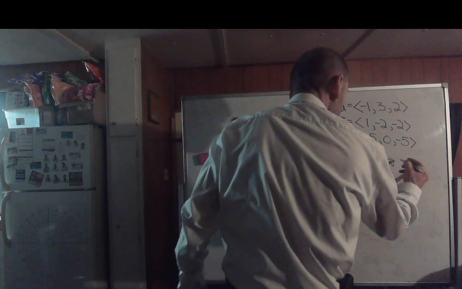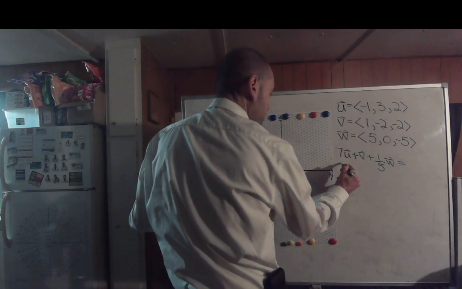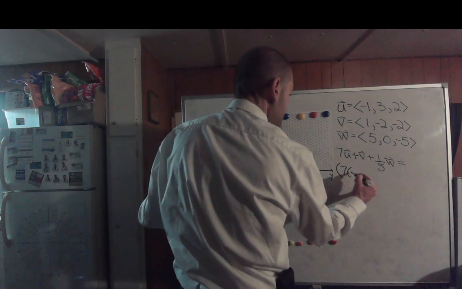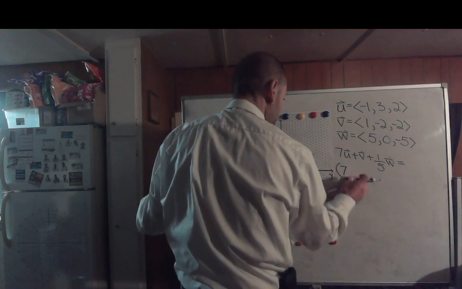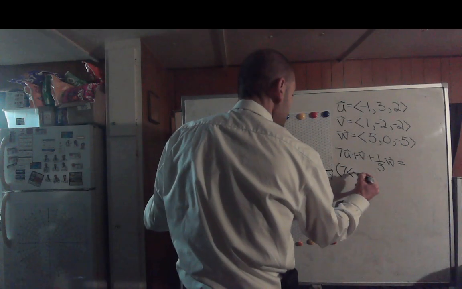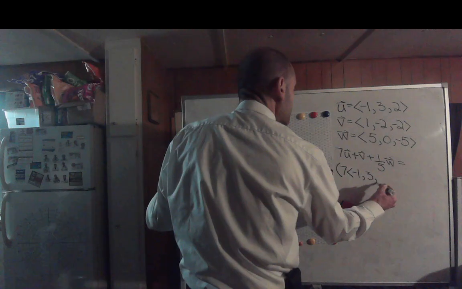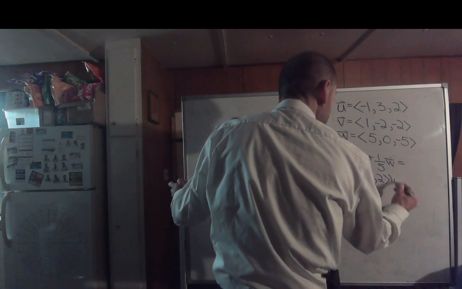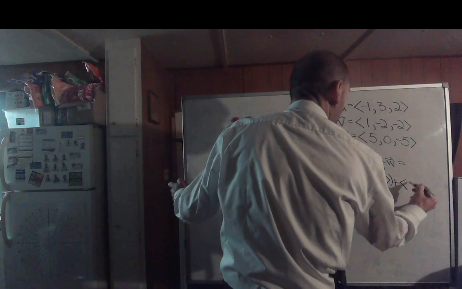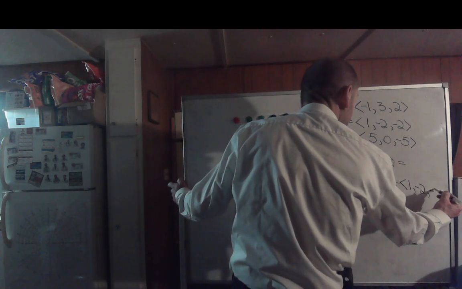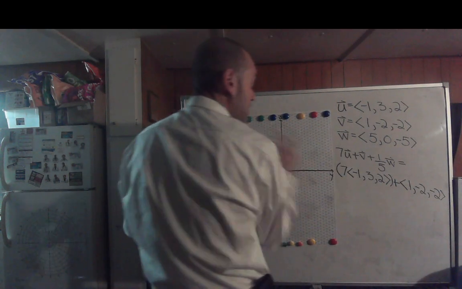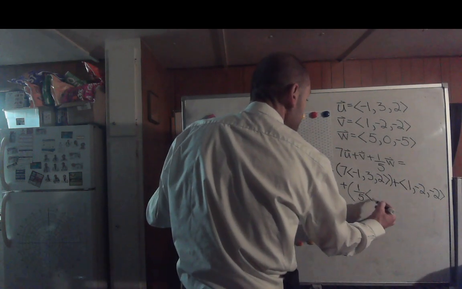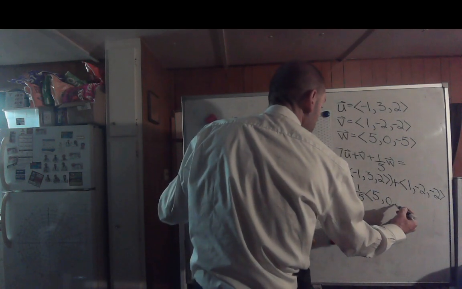So what we're going to do now, put some parentheses around the 7u. This would be 7 times that vector u of, I should probably make an angle bracket for the vector, <-1, 3, 2>, plus my vector v, we've already determined to be <1, -2, -2>, and then 1/5 of w, so this will be plus 1/5 times that <5, 0, -5>.